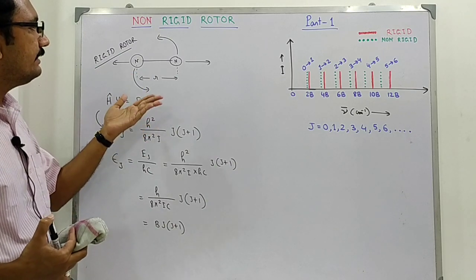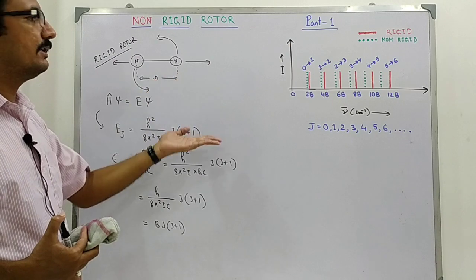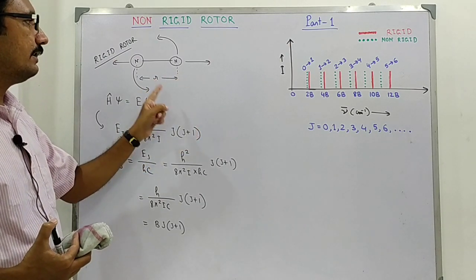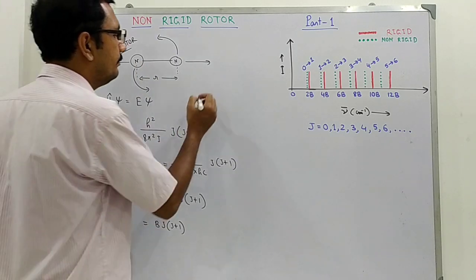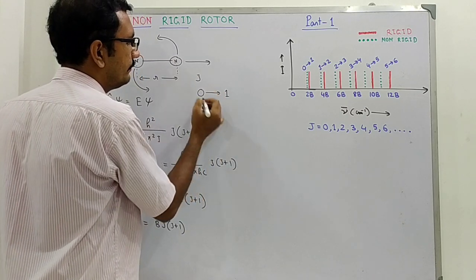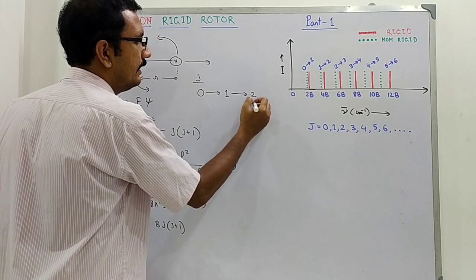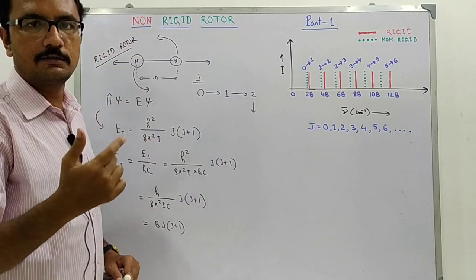Now, with an increase in the value of the rotational quantum number, that is J, the rotational energy increases. So, when we switch from the ground state to the first excited state, from the first to the second excited state, and so on, the rotational energy increases.